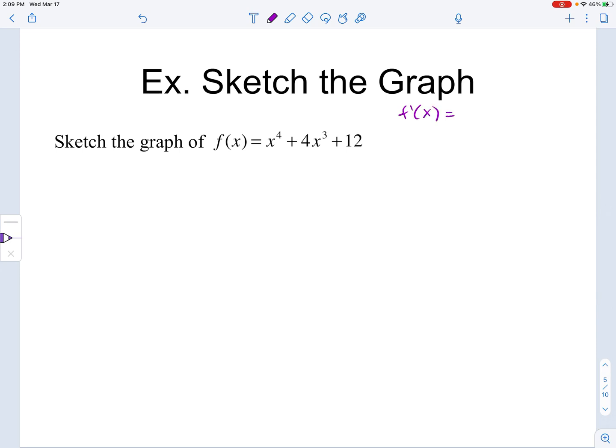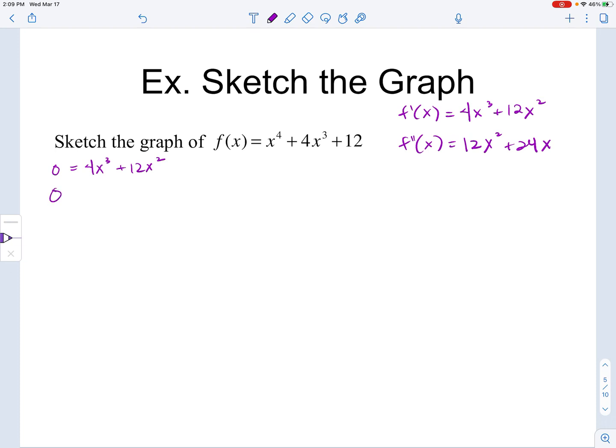Okay, let's look at this next polynomial. Switch colors. Finding the first derivative using power rule. And the second derivative, again using power rule, just taking the derivative of the first derivative.